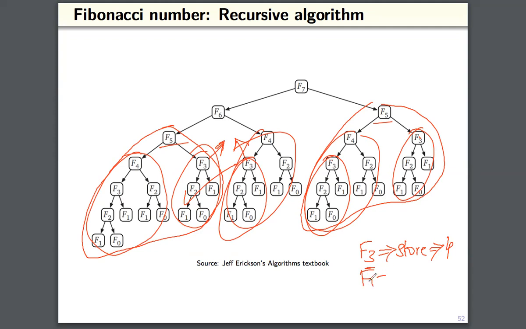F4 or say F2, we could store and reuse it. How many times? Maybe 7 times, right? Because the next Fibonacci number is 8, 8 minus 1, 7, right? So we can store and reuse an exponential number of times.